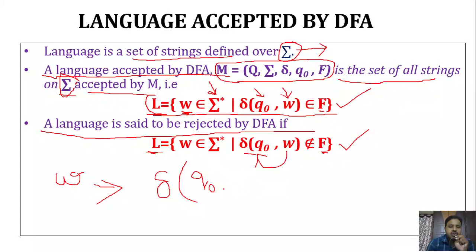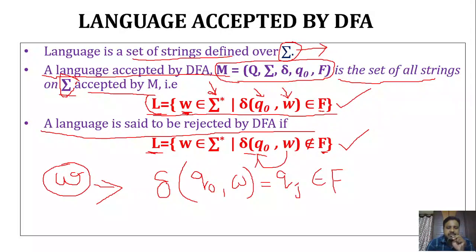So delta of q naught comma w. On processing this, if you get some state qj, and that qj belongs to F, that means it belongs to the final states, then this string w is accepted, right?